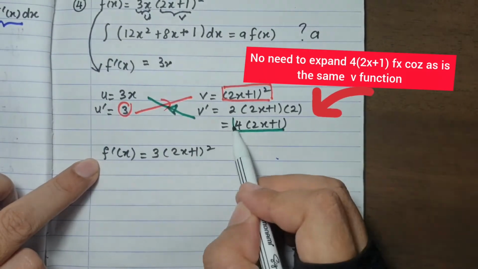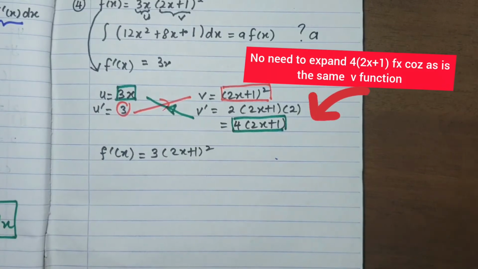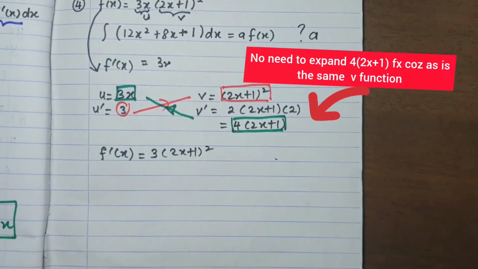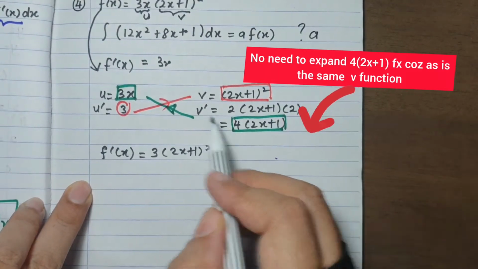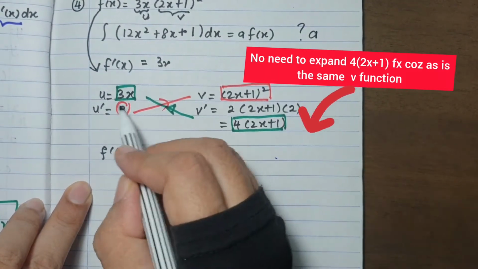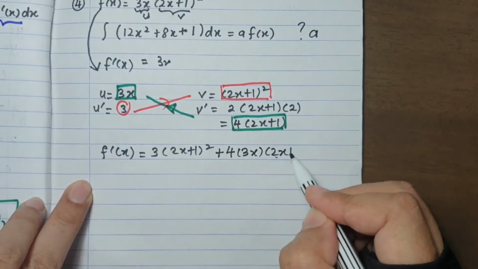So you have this and this function. Okay, u dv dx. Since you have positive here, we write positive here. Copy the constant first, followed by this term and this bracket.